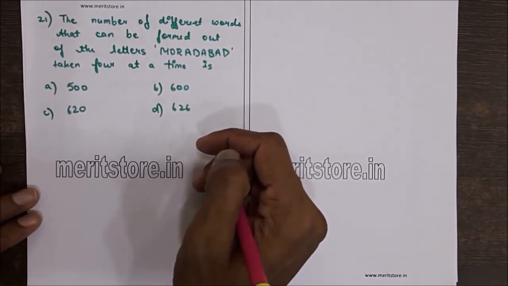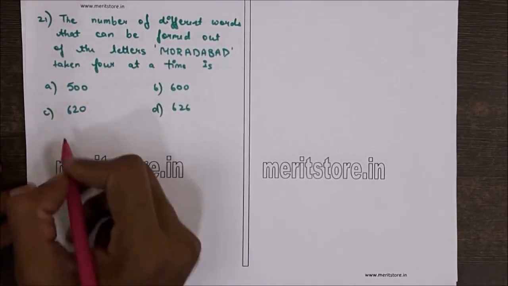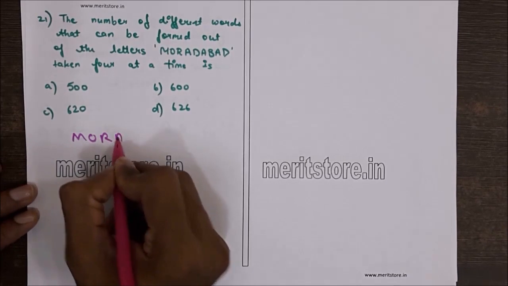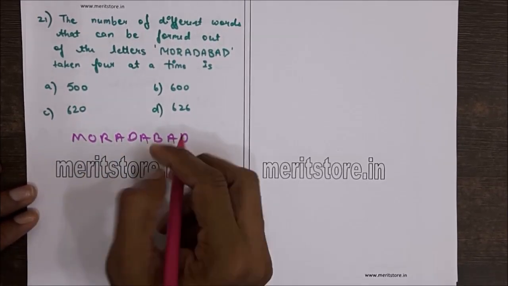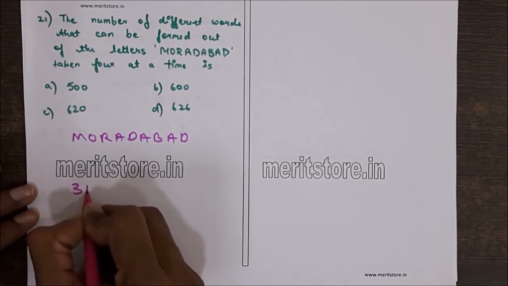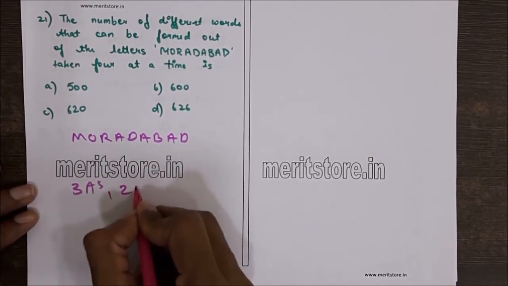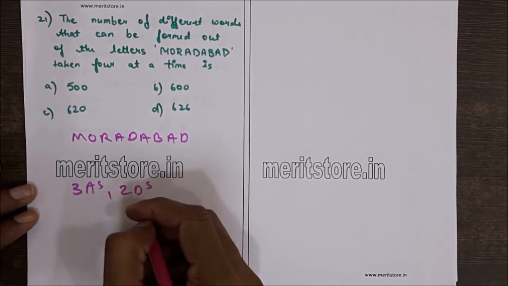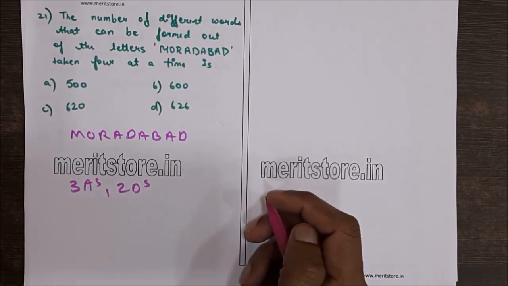In Murdabad we have 6 different types of letters. We have 3 A's, 2 D's, and the rest 4 different. We have to form words of 4 letters.